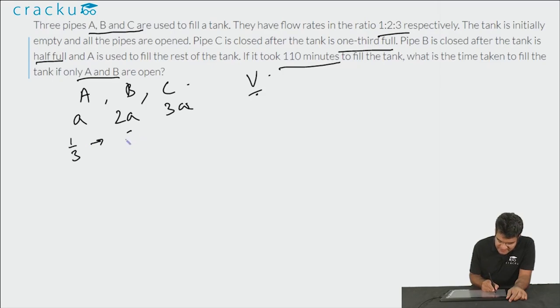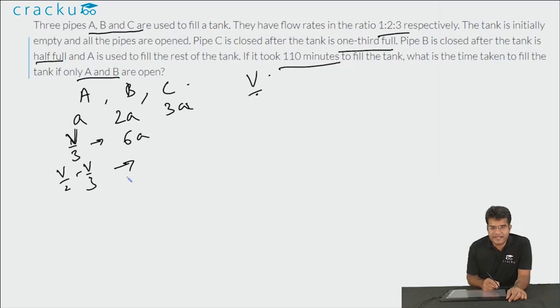So it is 6A. This is for the first 1/3. That is V by 3 of the tank is filled. Now from V by 3 to V by 2, that is V by 2 minus V by 3, the flow rate is A plus 2A, that is 3A. And for the last V by 2, the flow rate is A.